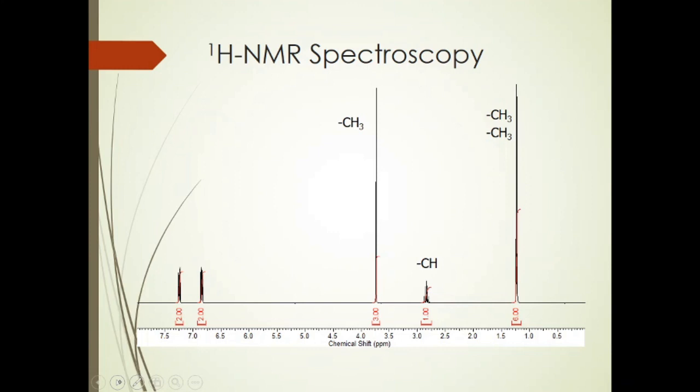Also moving out to the aromatic region, so out here, integration is 2, but again we have to think like a chemist. You cannot have a CH2 in an aromatic ring, so this would be 2 CHs, 2 individual carbon hydrogens.